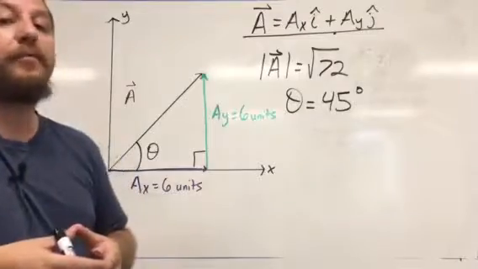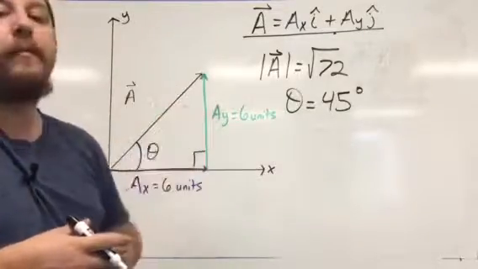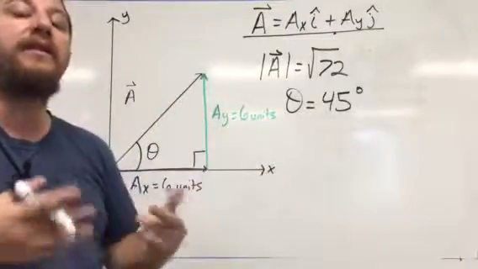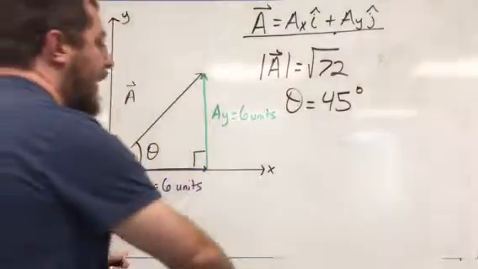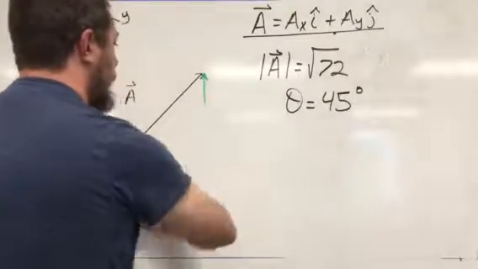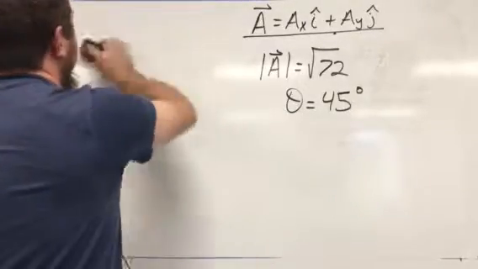Now what about the opposite process? What if we're given the magnitude and the angle, and we want to find the 2 individual components? So now let's turn this on its head a little bit and imagine that scenario.